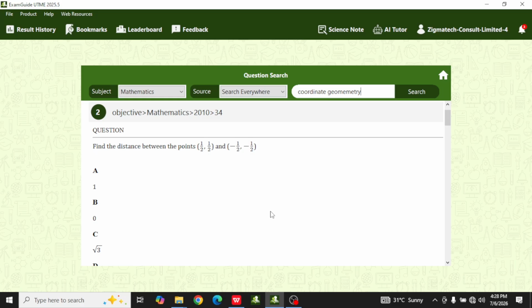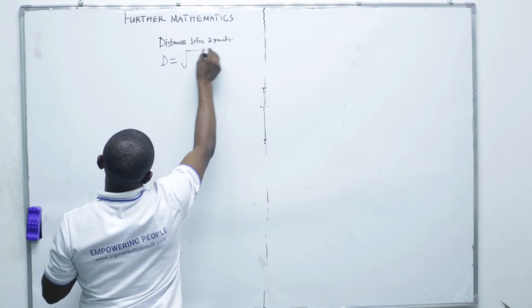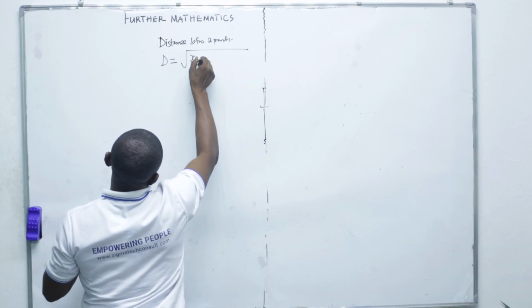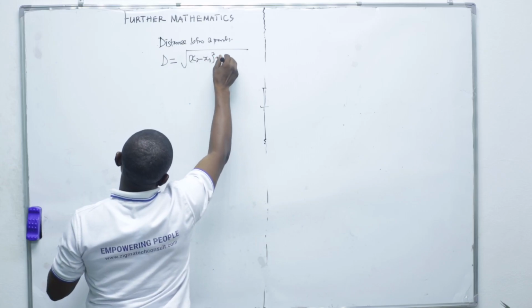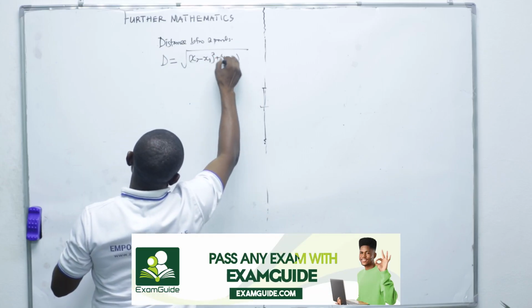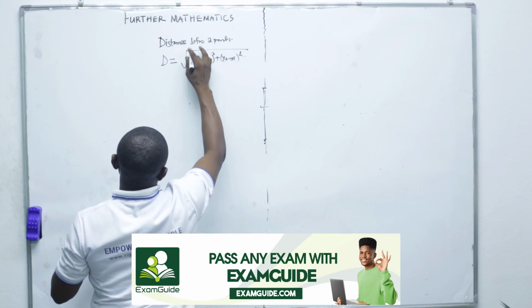This one is talking about distance between 2 points. The formula is D equals square root of x2 minus x1 all squared plus y2 minus y1 all squared.